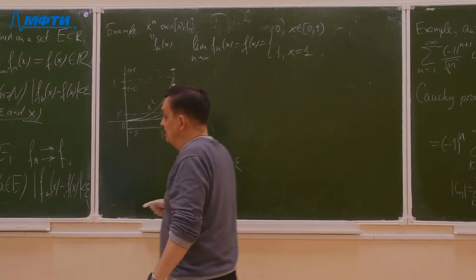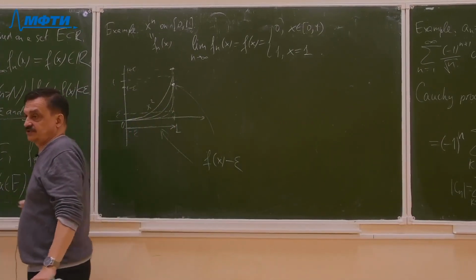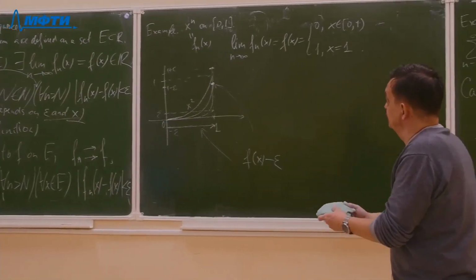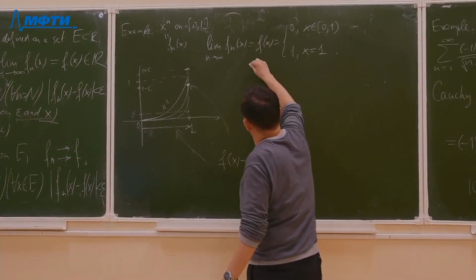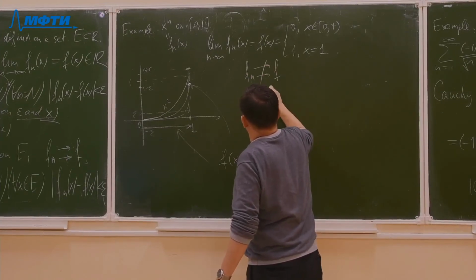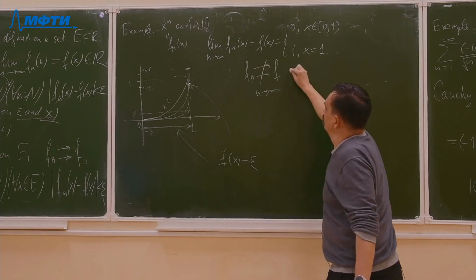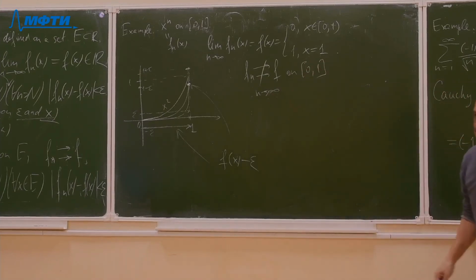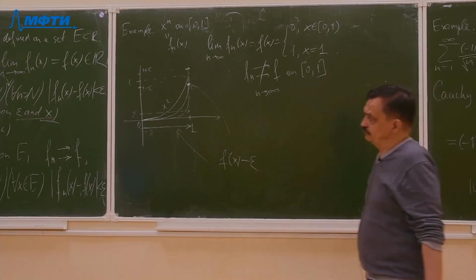So, we have no uniform convergence for that sequence. Fn doesn't converge uniformly on [0, 1].